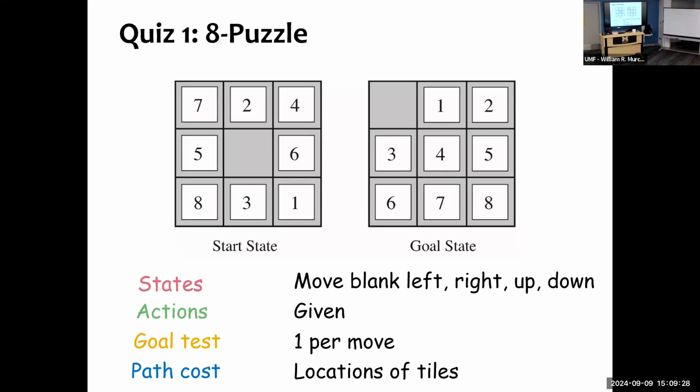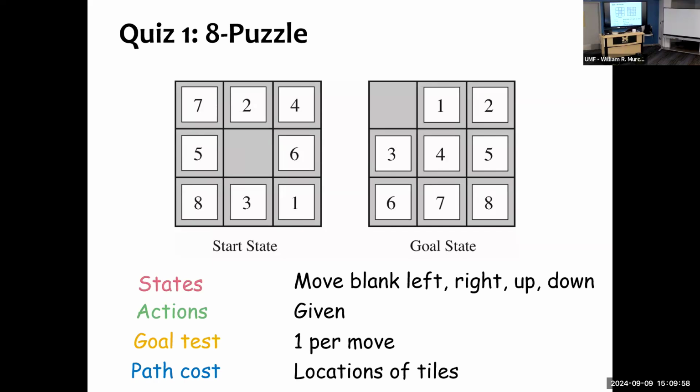Okay. You guys are good. No, actually, the idea is that we are going to select what is the meaning of a state. What is a state? We were just introducing and defining a state. So is a state a move like blank left, right, up and down?